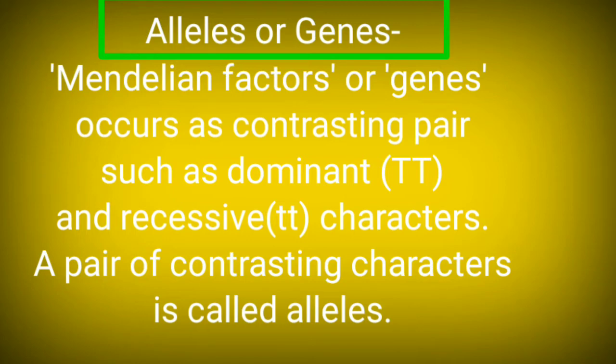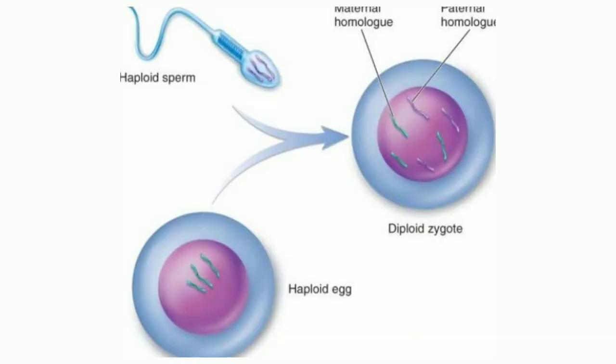Similarly, this whole pattern of inheritance is mainly focused on sexually reproducing organisms. These sexually reproducing organisms develop gametes.